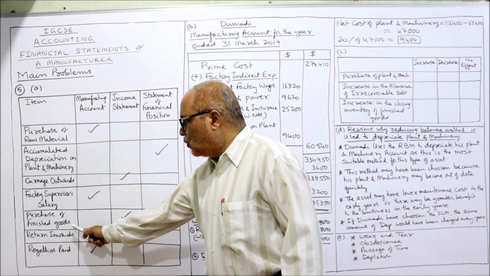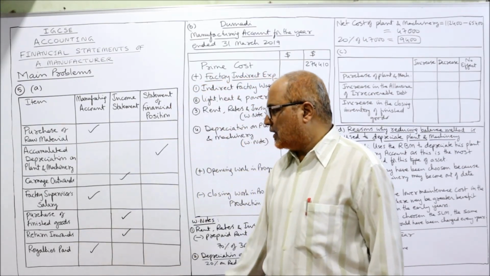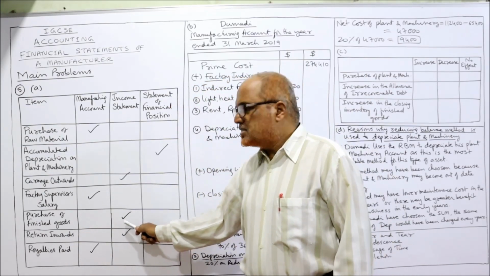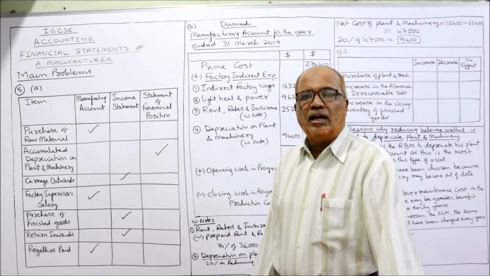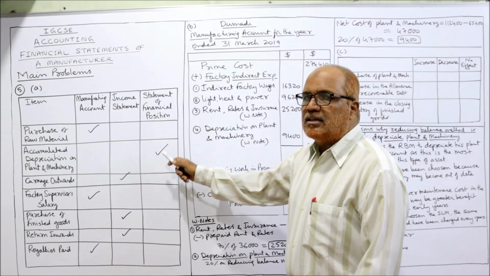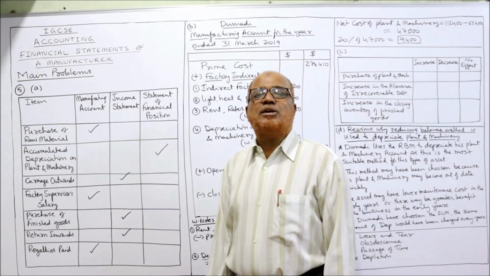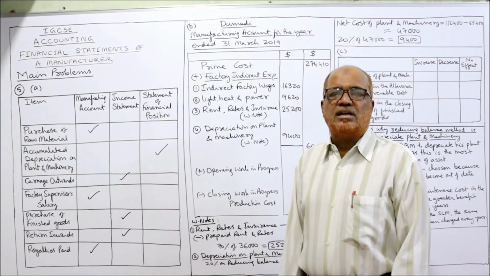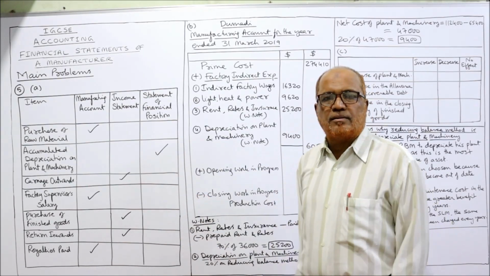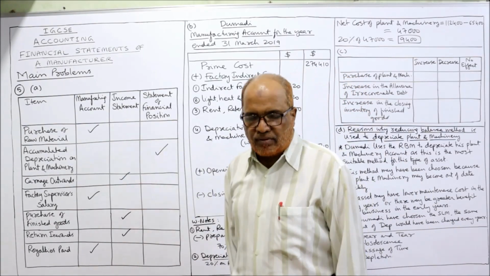Return inward is a part of income statement. And next one is purchase of finished goods. That will be taken under income statement. But only one item comes under statement of financial position, and that is accumulated depreciation on plant and machinery. That's it. So first A part we have completed.